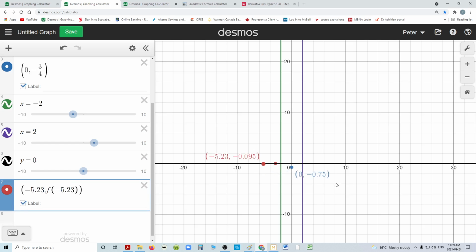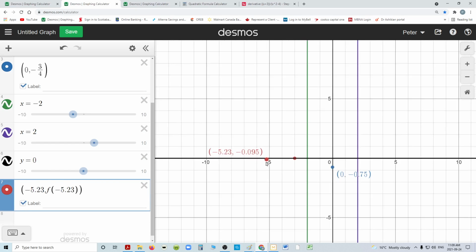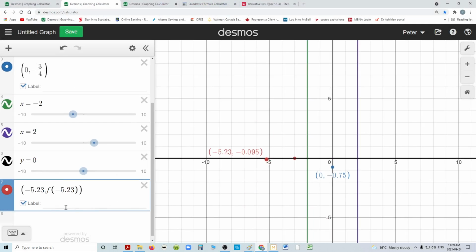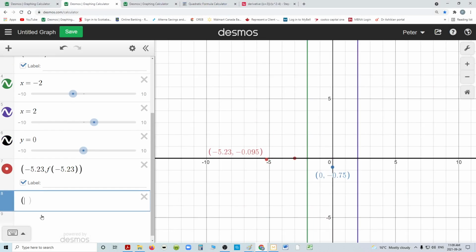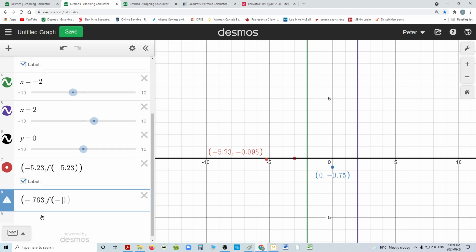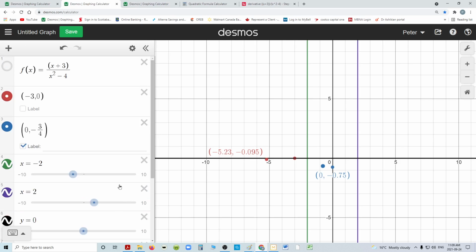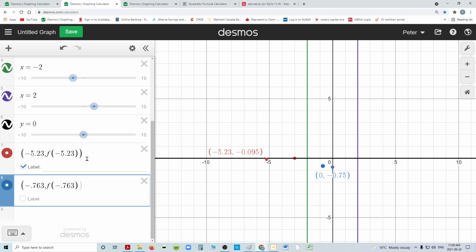So that's going to be one of the min points, very close to the axis. And the other one's negative 763. And so right away, okay, yeah, that makes sense.